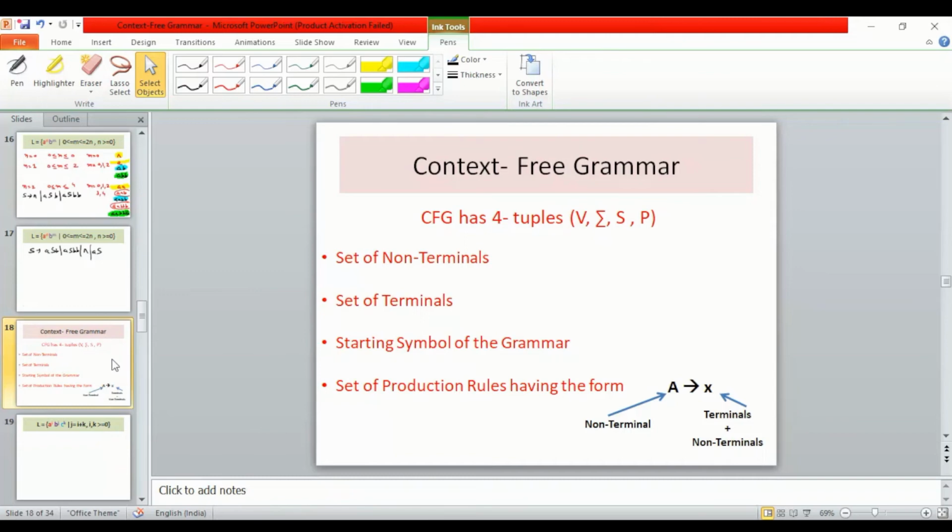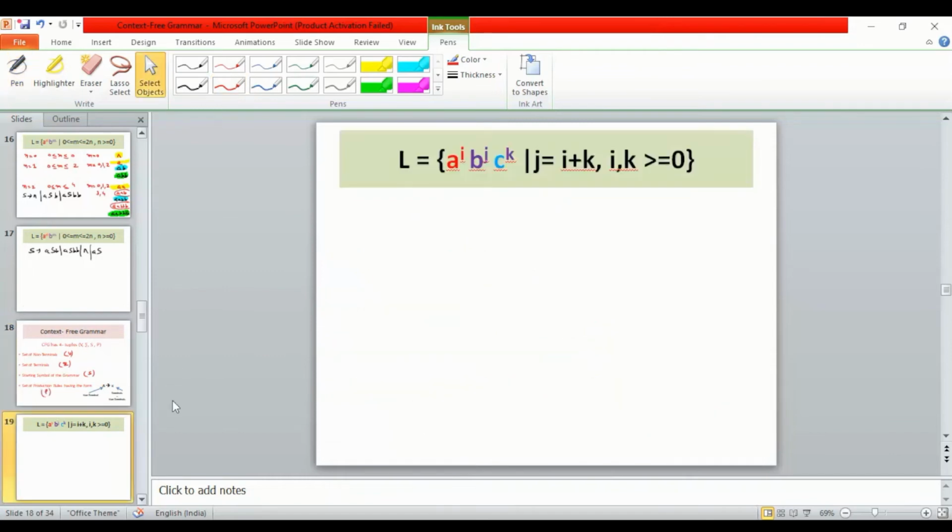So this is how we can have a representation in the context-free grammar. These 4 parameters are, I think, clear. This is your set of non-terminals, this is your set of terminals, sigma, a starting symbol of the grammar, and we have a production rule set, that is P. So now let us see other examples.